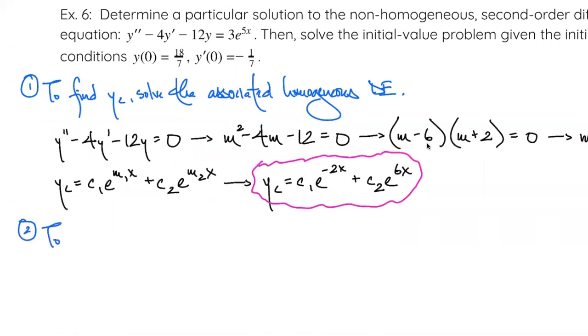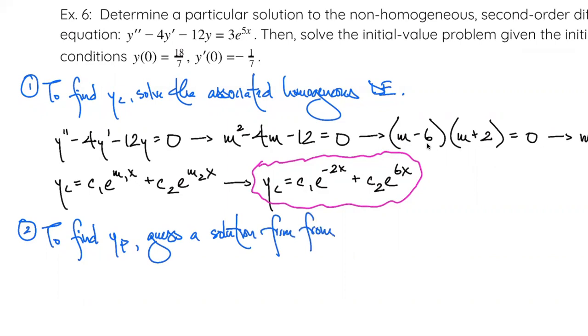But now let's practice what we just learned in terms of reading the table, which is to find your particular solution, y sub p. To find y sub p, we are going to guess a solution form from the table.